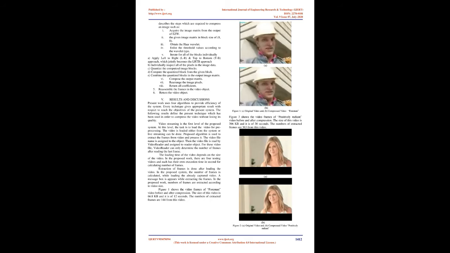5. Apply Embedded Zerotree Wavelet, EZW, to place the compressed columns or rows in the perfect sequence for handling of the compression data. The steps are as follows to compress an image using the Embedded Zerotree Wavelet algorithm. 1. Acquire the image matrix, Y, from Freeman chain code's output. 2.